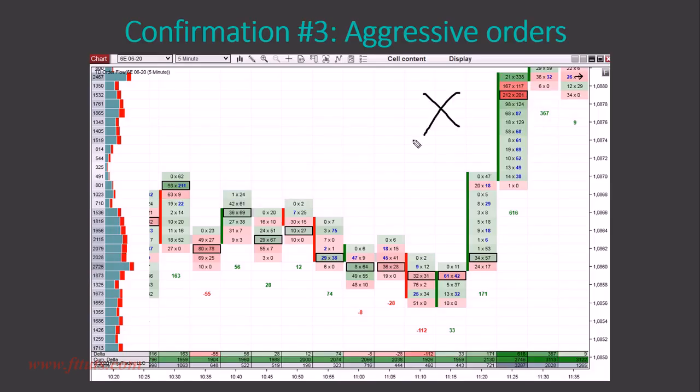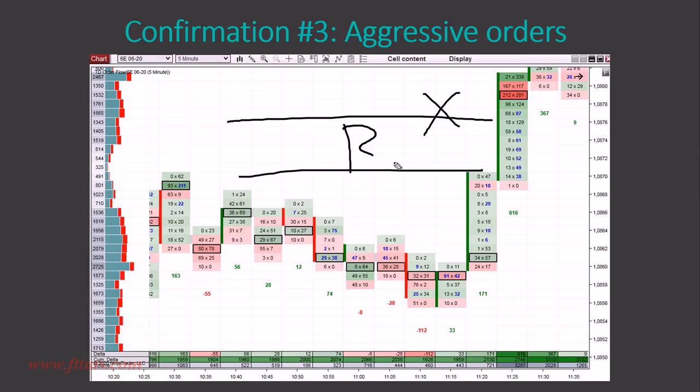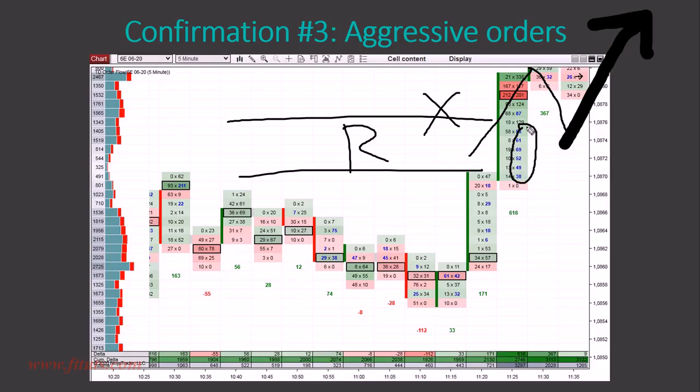No short. It's better to wait for the price to shoot past your resistance and then maybe enter a long from this area, because this is a support. Those buying imbalances create a support.